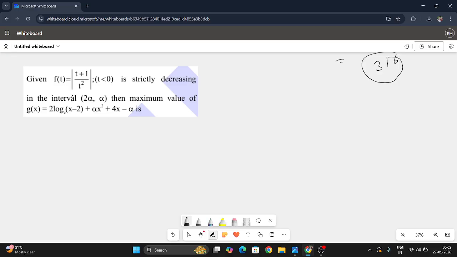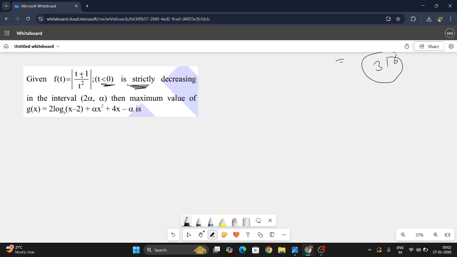The function f(t) given is strictly decreasing in this interval. So this function is strictly decreasing, and let's find the interval. What you can do: t is negative, so t cannot be 0 here.